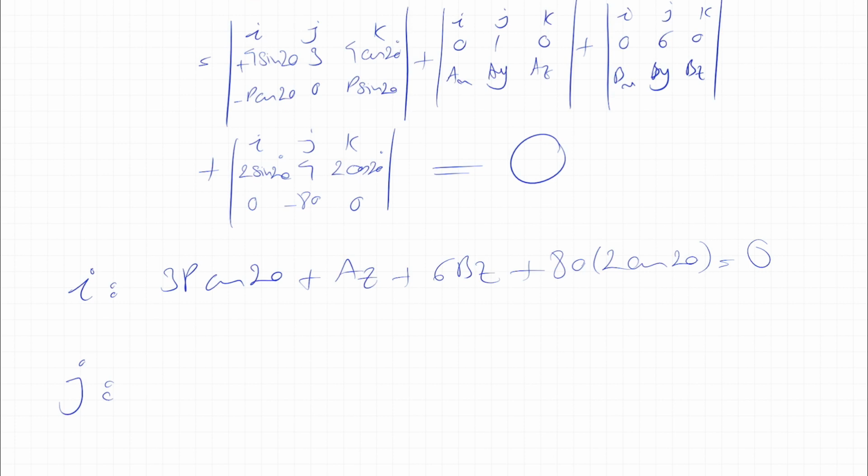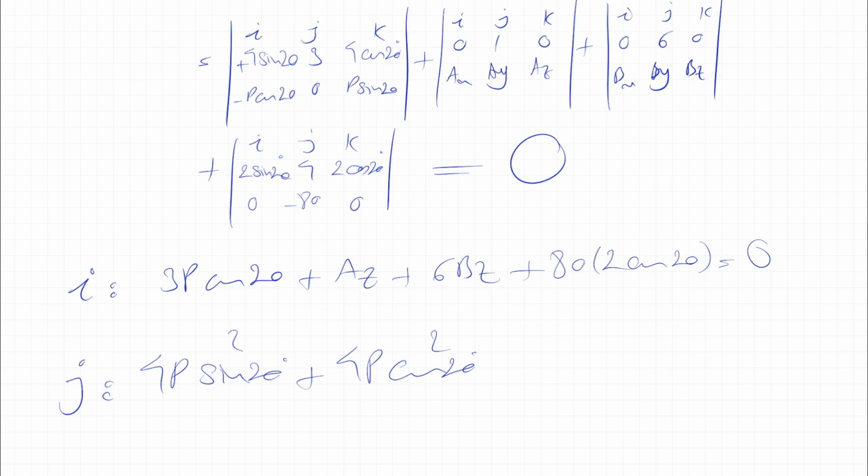Let's move on to our J. For J, we'll have the first matrix, we have 4 times sine of 20 times P sine of 20. So we'll have 4P sine 20 squared minus 4P, again, this time cosine of 20 degrees squared.